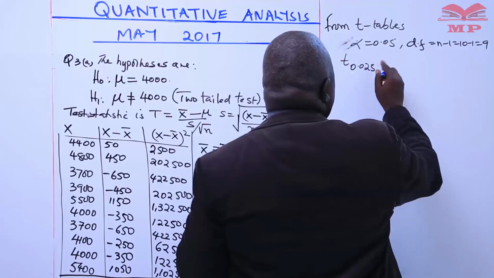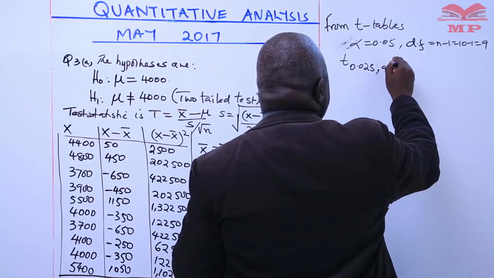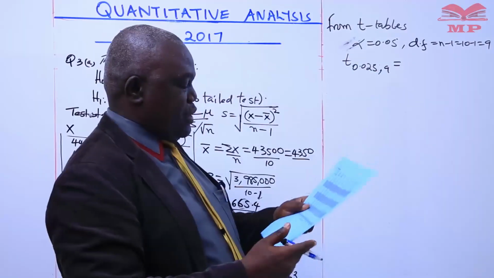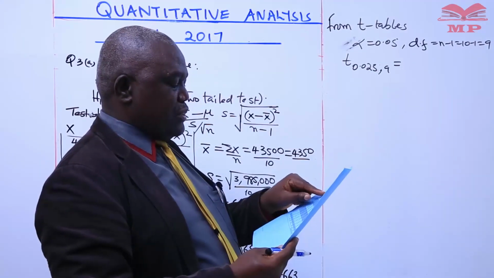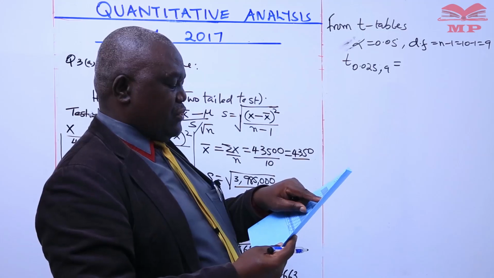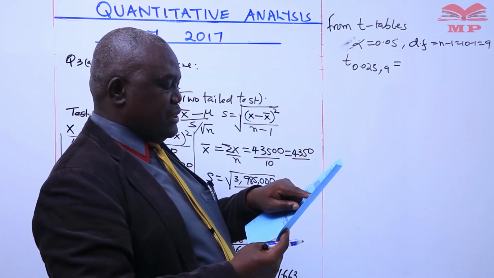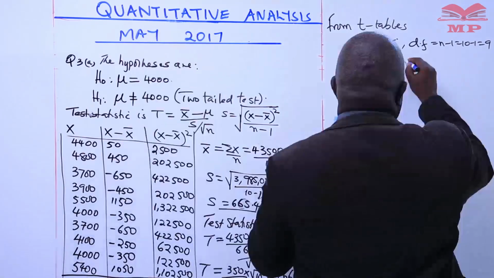So I put half alpha and degrees of freedom of 9, and I read off from my T tables. It gives me 2.262.